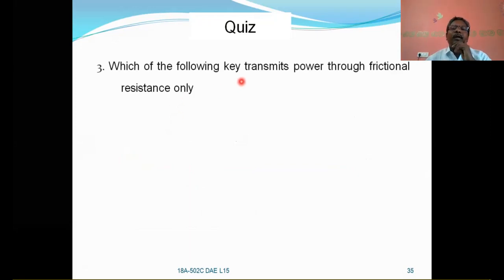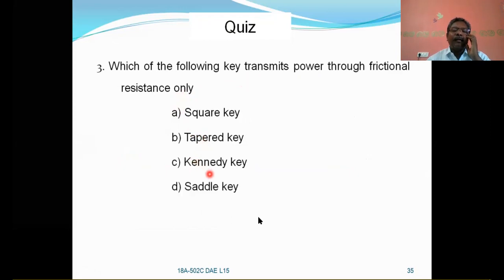Which of the following key transmits the power through frictional resistance only? Square key, tapered key, Kennedy key, and saddle key. Which is the right answer in this? So, due to frictional resistance, saddle key is the right answer.